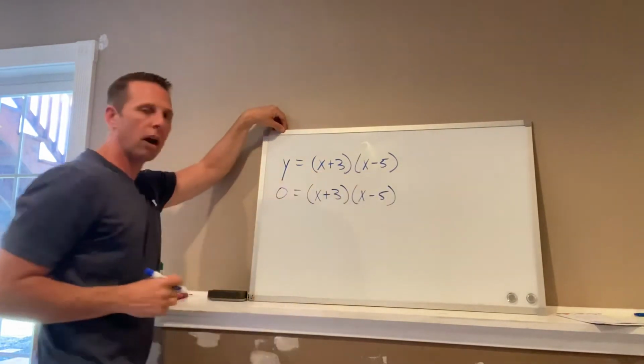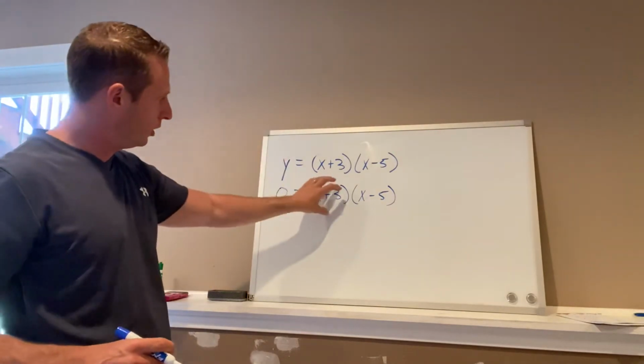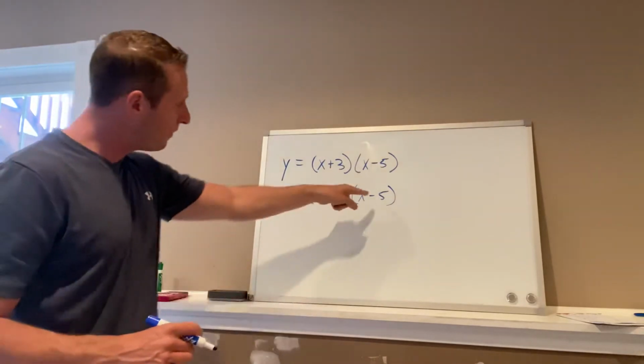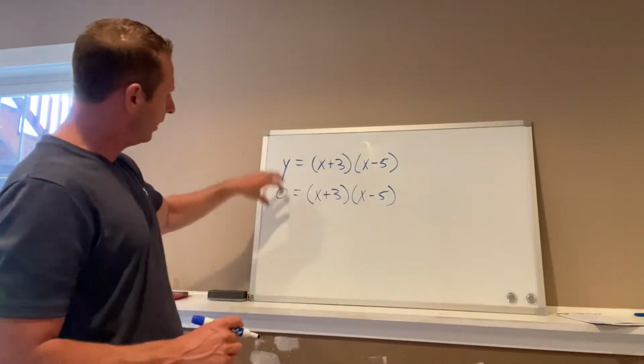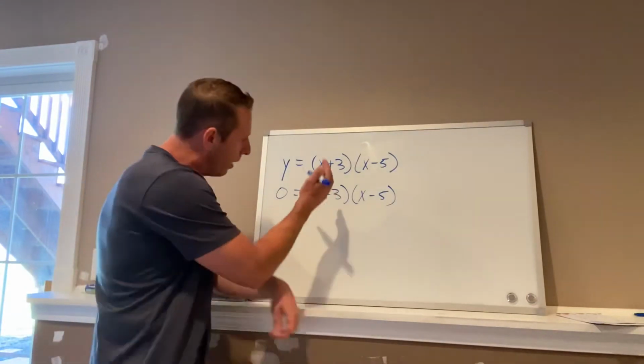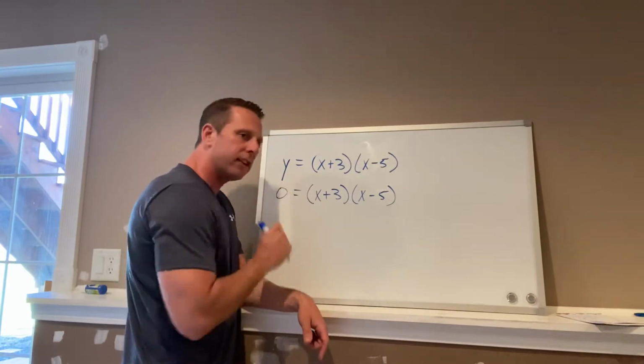So now here's our equation. Well, if this was 0, 0 times anything is 0. If that was 0, 0 times anything is 0. It's called the zero product property. If you multiply one of these things by 0, you're going to get 0. So what makes this 0?